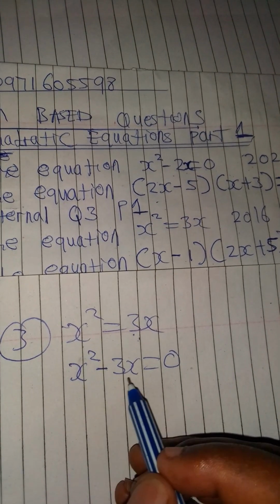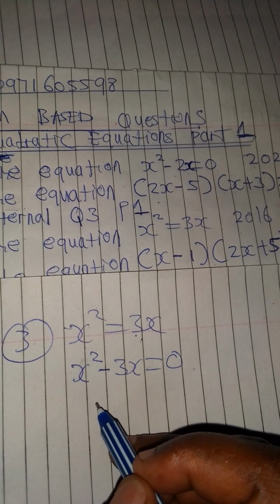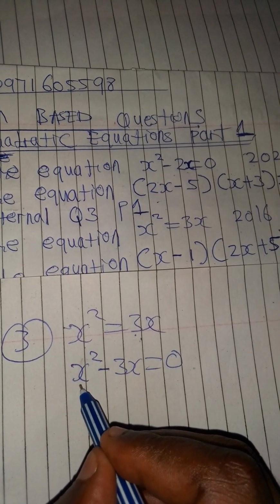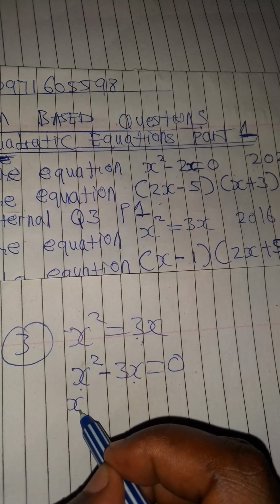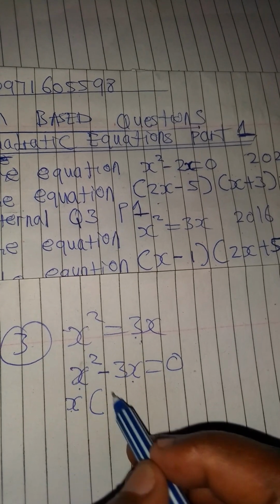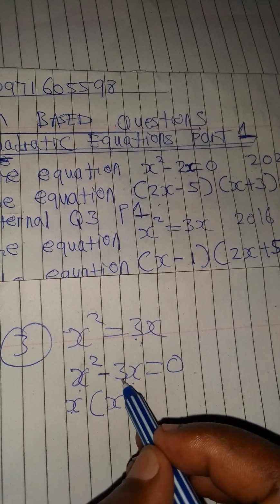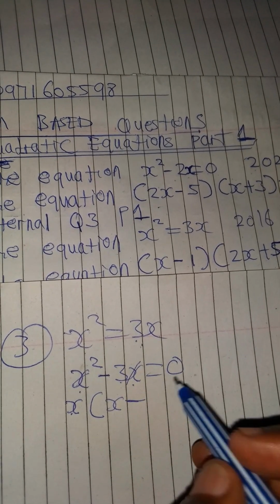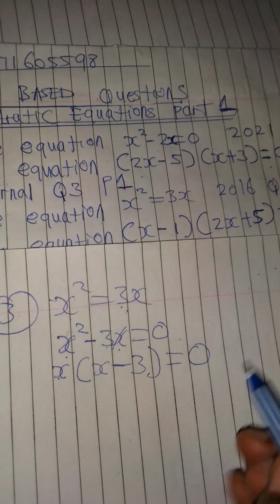From this stage, we identify what is common. We can see there is x here, and on this side there is x. So therefore x is common. Now this x into x², we cancel, we have x; minus this x into 3x, we cancel, we have 3. Then we say equals 0.